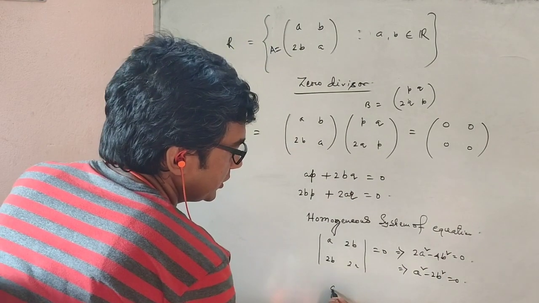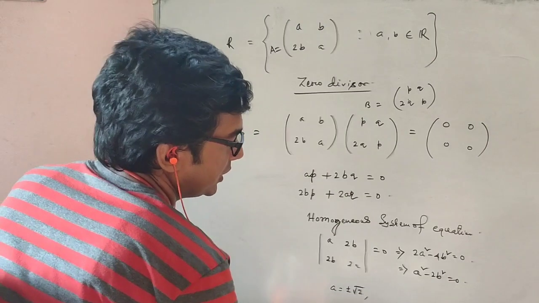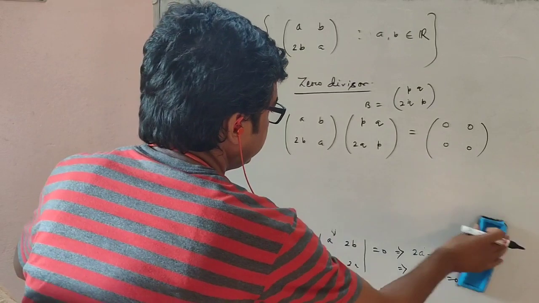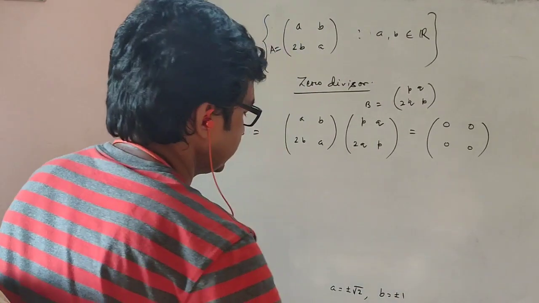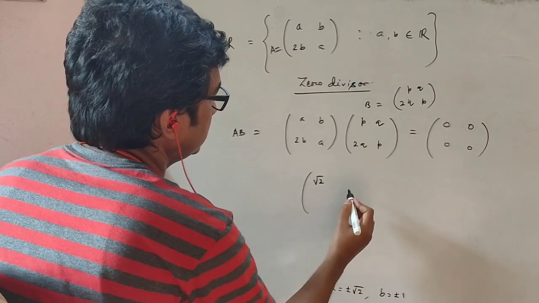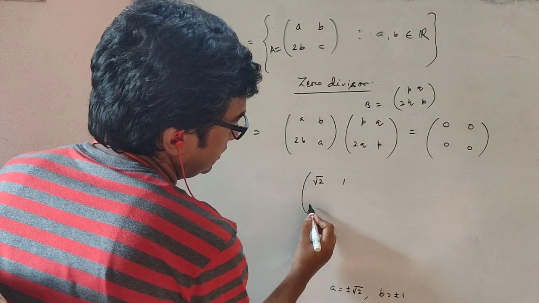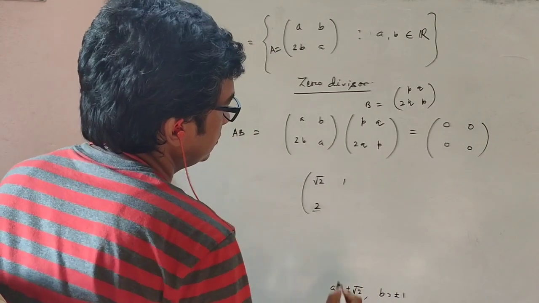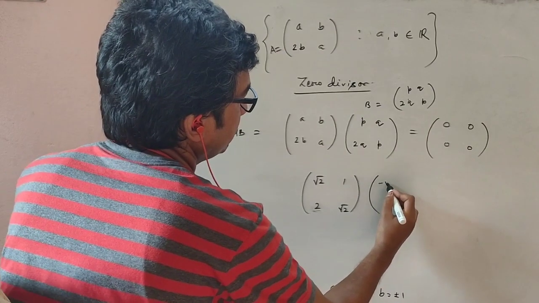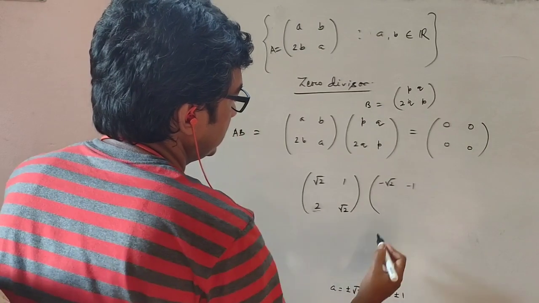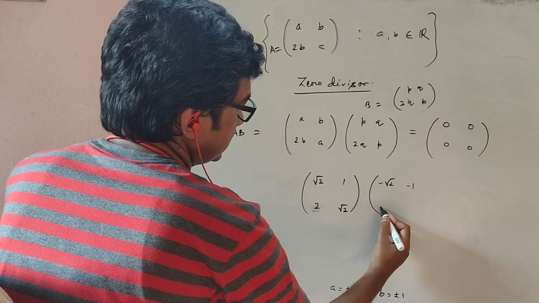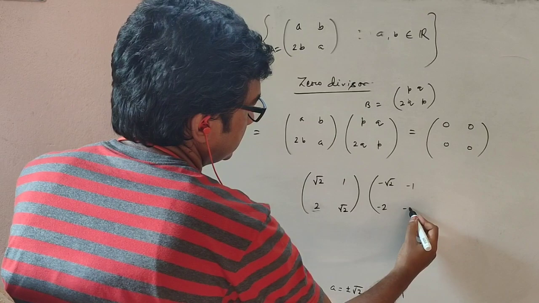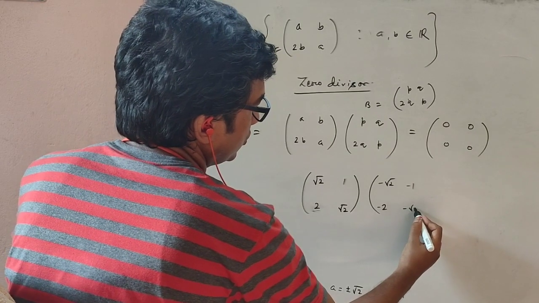Now, if we put A equal to plus minus root 2 and B equal to plus minus 1, then we get the matrices as root 2, 1, 2 root 2, 2, and root 2, minus root 2, minus 1, 2, minus 2, and minus root 2.